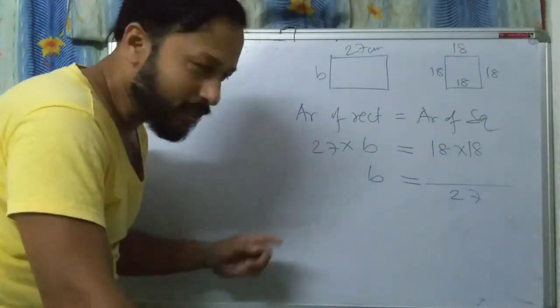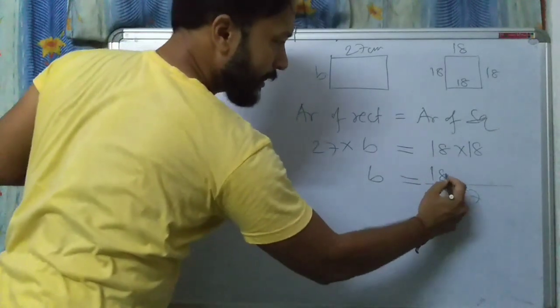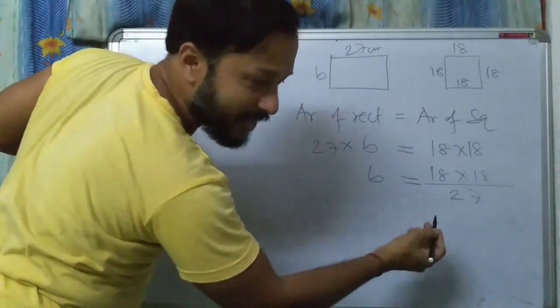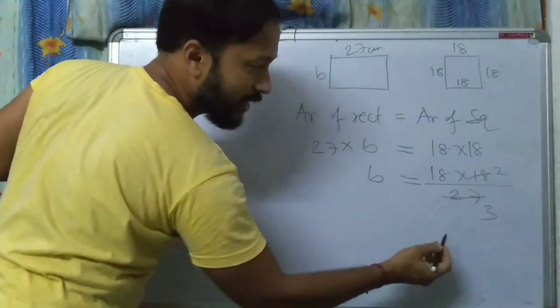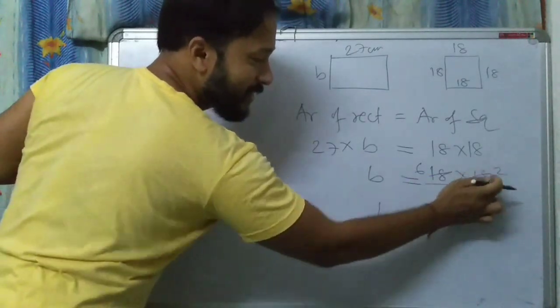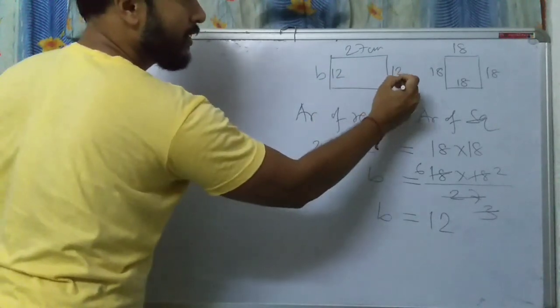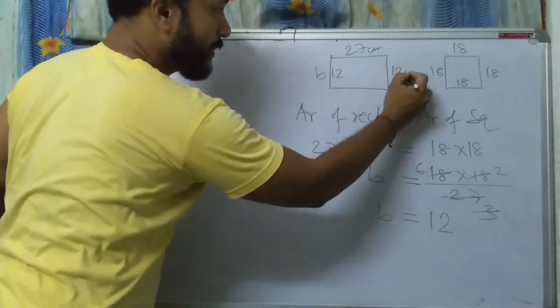Understood? 18 into 18. Now let us divide by 9. 9 2s are 18, 9 3s are 27, so 3 6s are 18, and 6 2s are 12. So breadth is 12 centimeter.